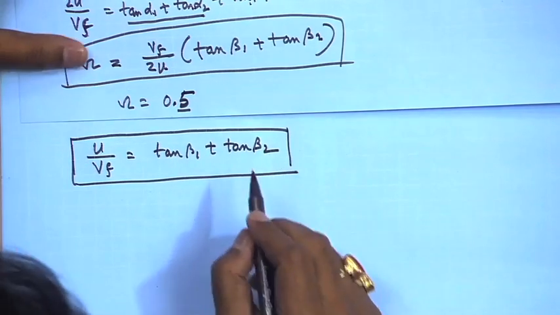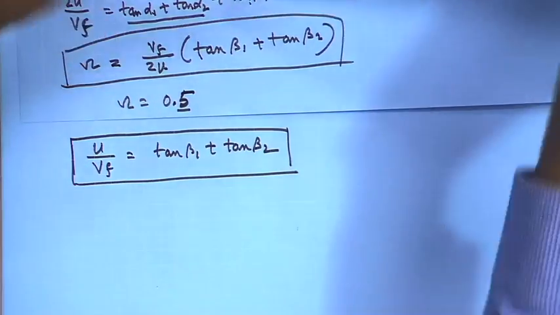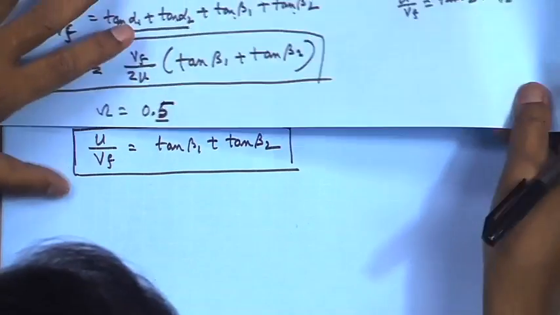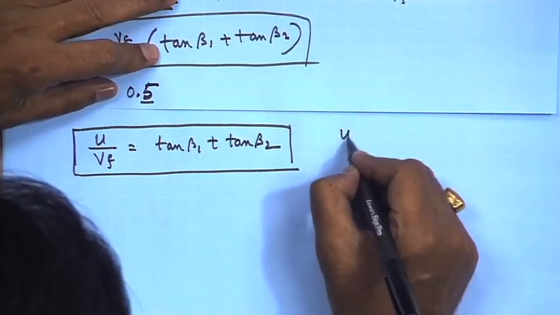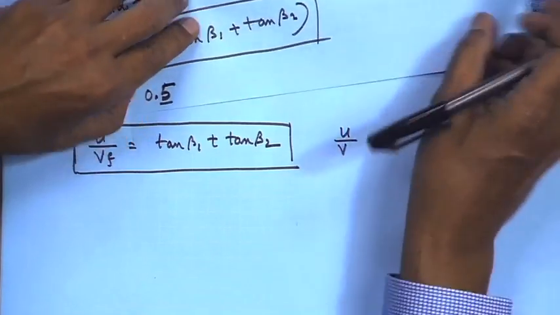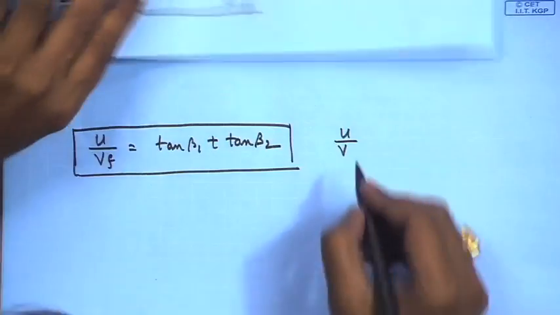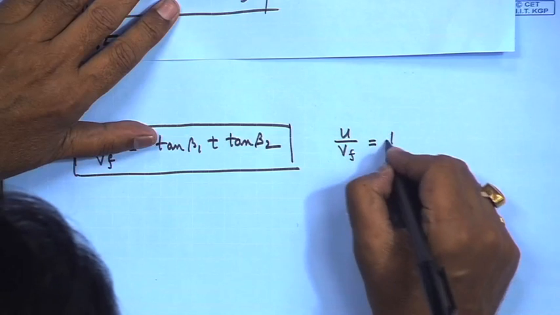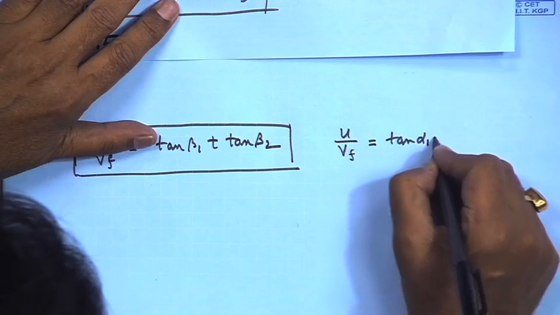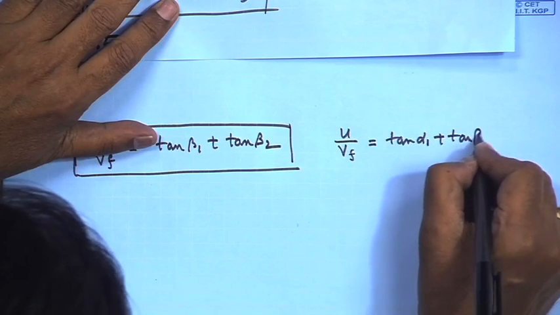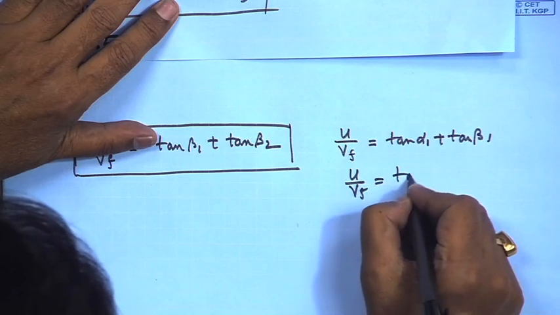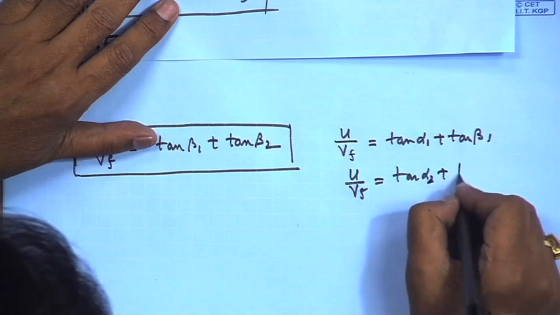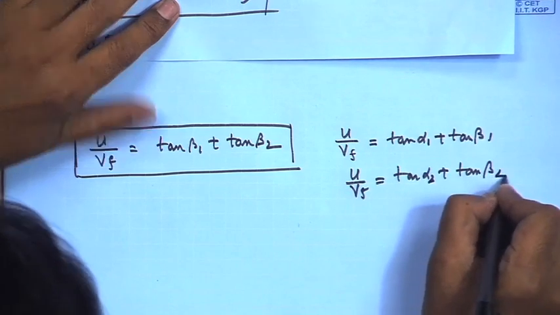If you compare this result with the result earlier, u by Vf is tan alpha 1 plus tan beta 1, which I wrote earlier also, simply from the geometry. So, with these three relationships you get a very beautiful result.